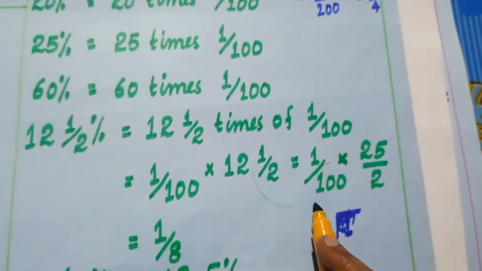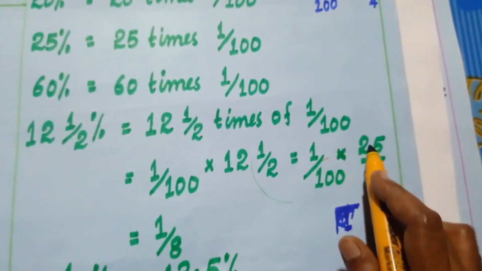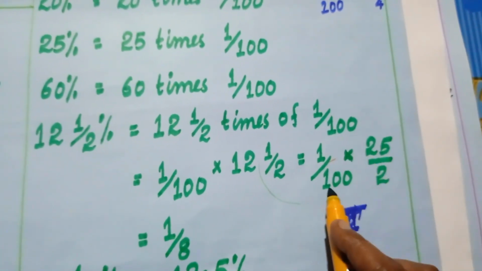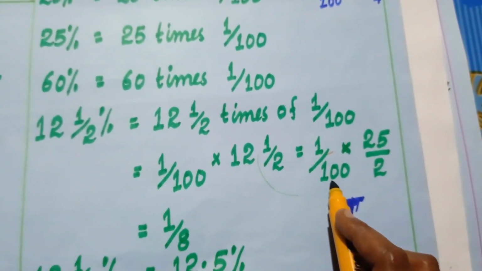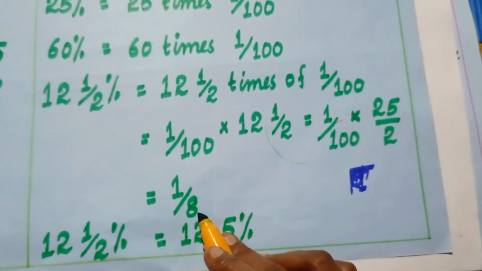Then 1 by 100 into 25 by 2. Divide 100 by 25, we get 4. 4 into 2, 8. Then 1 by 8.